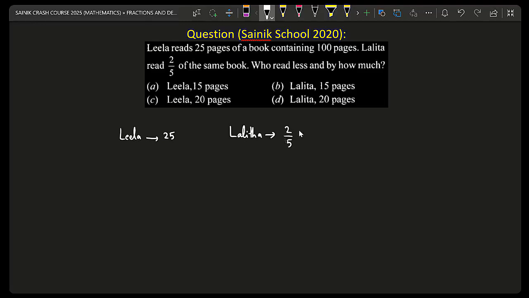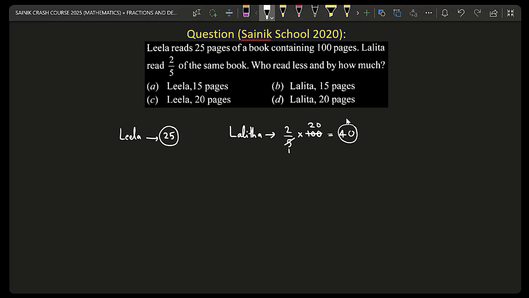Of means what we should do? Multiply. Okay, 2/5 of 100. So can we simplify this, Manaswini? Yes, sir. 5 ones are 5, 5 twenties are 100. 2 into 20 is equal to 40. So Leela read 25 pages, Lalita read 40 pages.